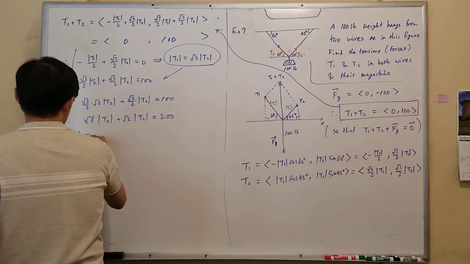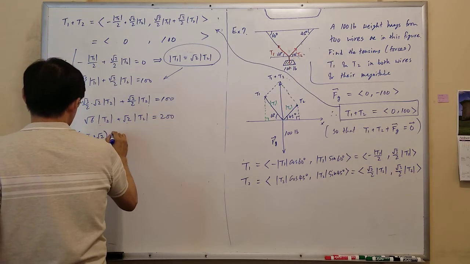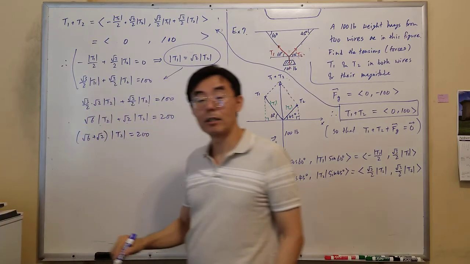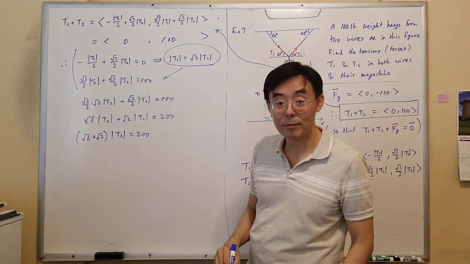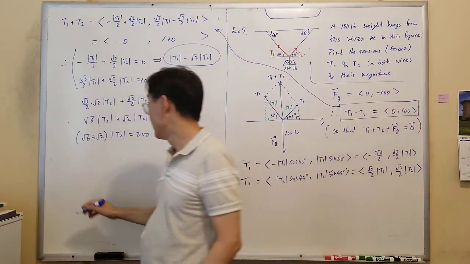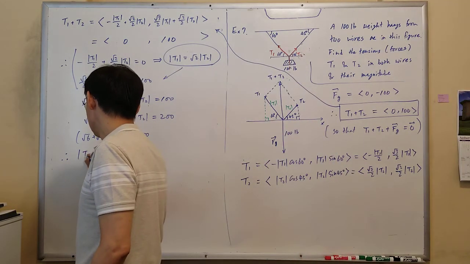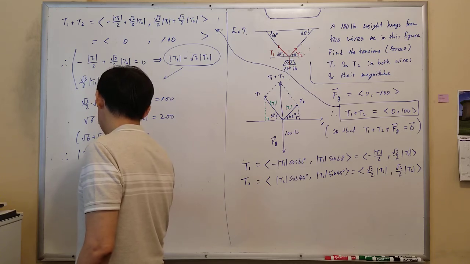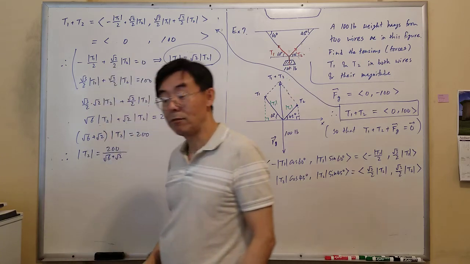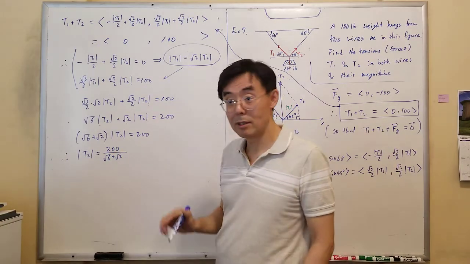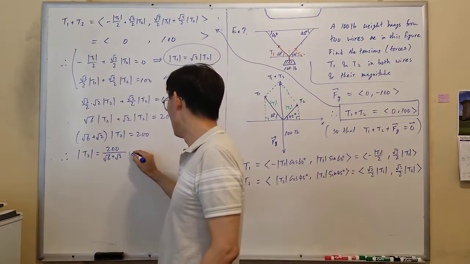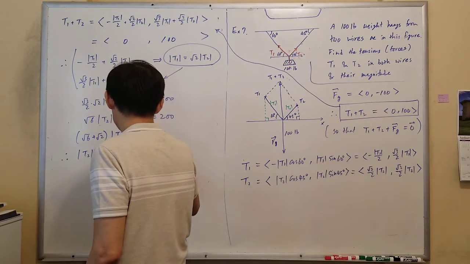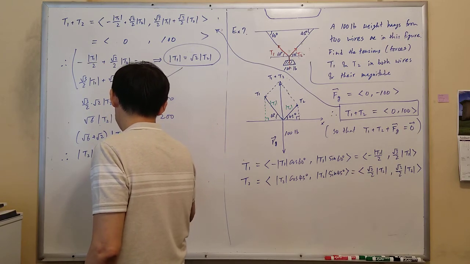So square root of 6 plus square root of 2 times the magnitude of T2. Alright? Therefore, the magnitude of T2 equals 200 over square root of 6 plus square root of 2. If you want the exact value, you can stop there. Or you can rationalize and see where it goes.